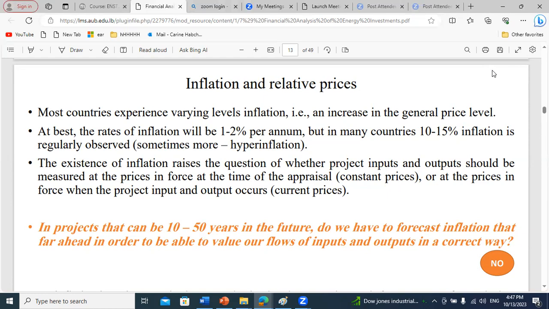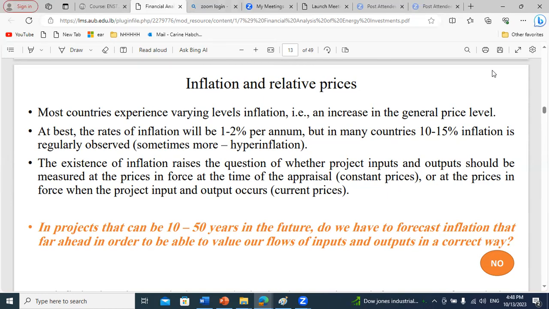But what is good is that it will affect all prices in the same way. So we'll have inflation on the costs, and also on the benefits. This is why, when we consider a project that can be 10 to 50 years in the future, do we have to forecast inflation that far ahead in order to value our flows of inputs and outputs in a correct way?